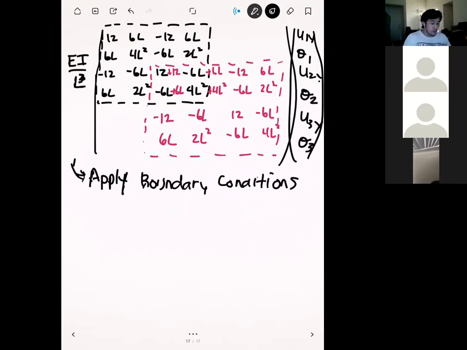From the problem, we know that we had a fixed condition at node 1. The fixed condition at node 1 knocks out both degrees of freedom there, so U1y equals theta 1 equals 0.